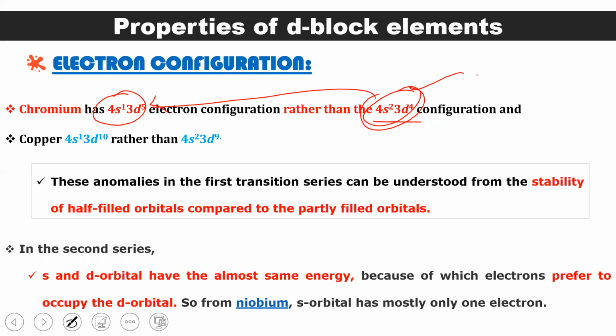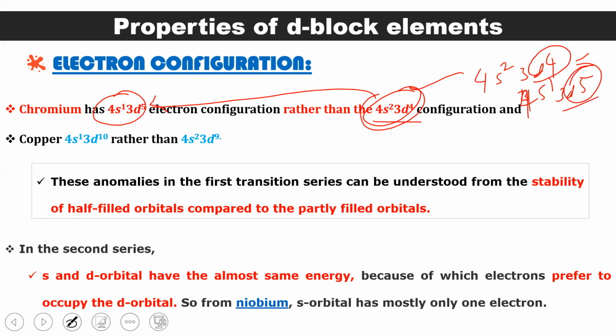If you observe these two configurations, 4s2 3d4 and 4s1 3d5, you will understand why chromium shows different electron configurations. When you observe the d orbitals, one configuration is d4 and the other is d5. Which one is more stable? Obviously, we know that the d5 configuration is more stable than d4.